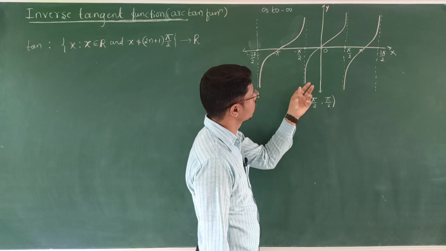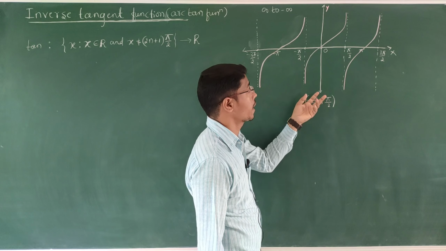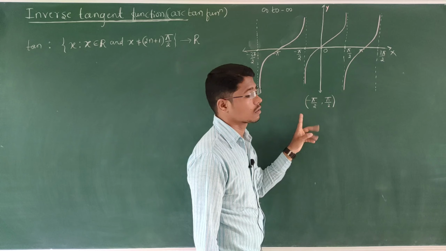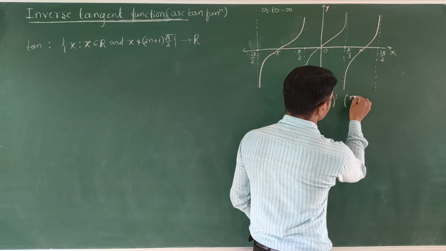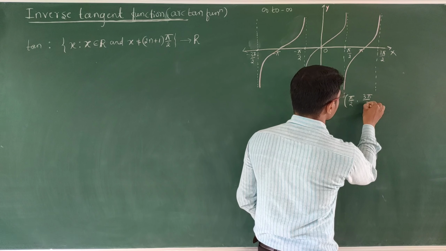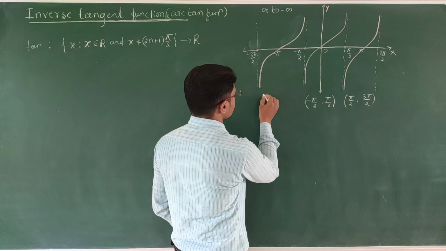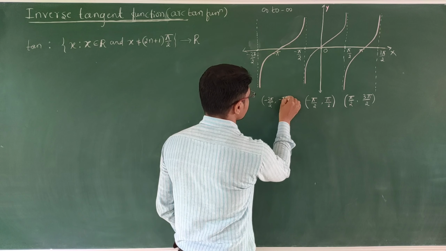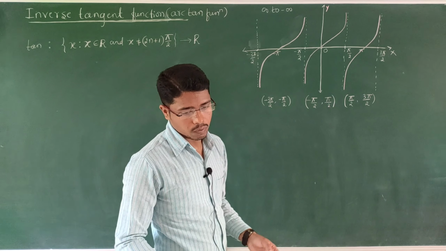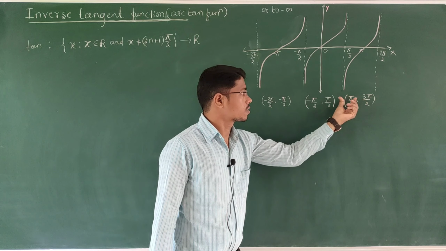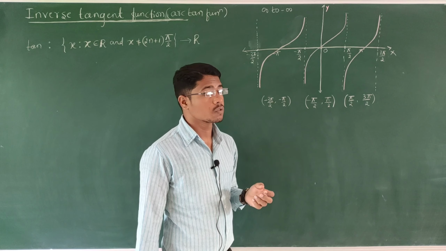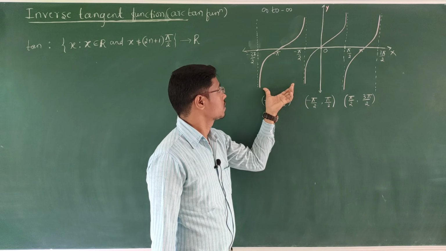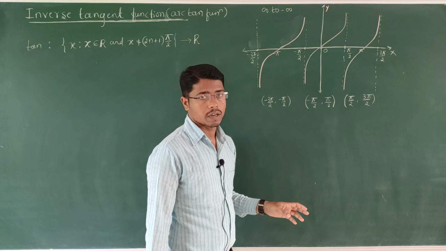In this region, the function tan becomes invertible, and it takes values from plus infinity to minus infinity, never-ending lines. One more region is π/2 to 3π/2, and one more is the open interval (−3π/2, −π/2). It takes all values from plus infinity to minus infinity, and for this reason the inverse of tan will exist.